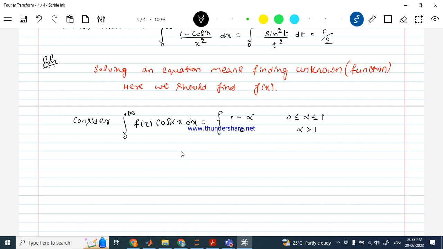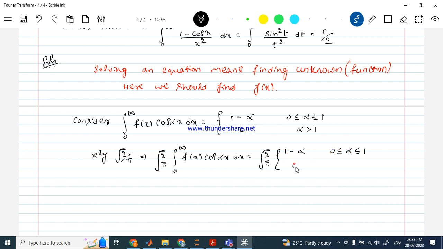And please check out your definition of Fourier cosine transform, which is given by square root of 2 by pi integration 0 to infinity f of x cos alpha x dx, which is equal to square root of 2 by pi times 1 minus alpha for 0 less than or equal to alpha less than or equal to 1, and 0 for alpha greater than 1.